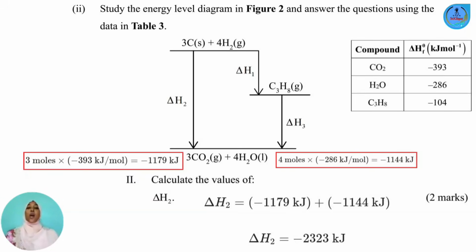So negative 286 multiplied by 4 will give us negative 1144 kilojoules. And we are going to sum these two, and we end up getting negative 2323 kilojoules. So this is going to be our delta H2. Okay, guys?